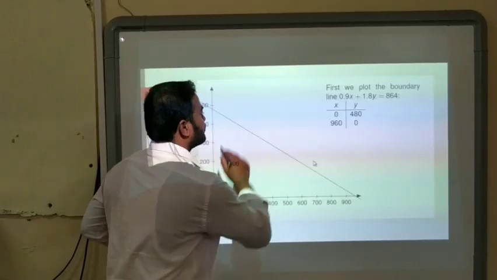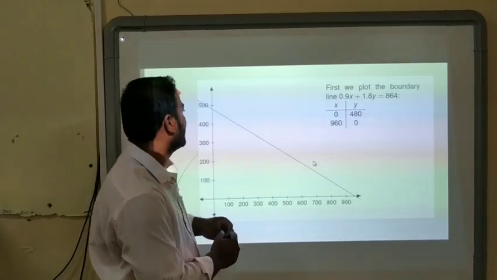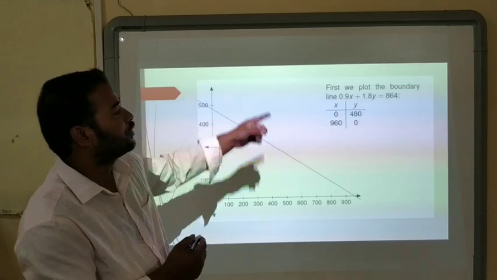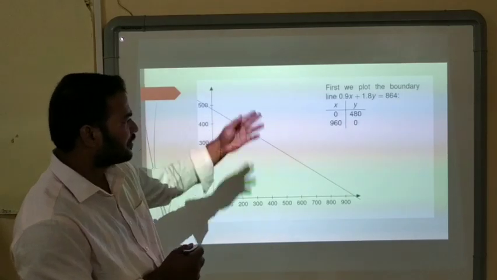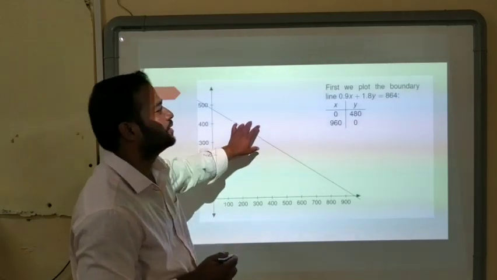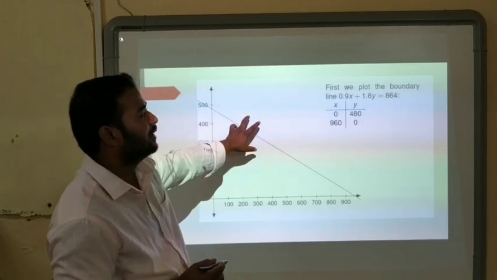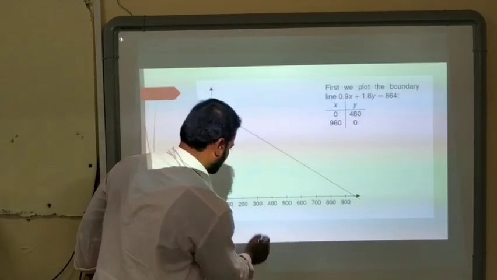As we said at first, we apply the boundary equation 0.9x plus 1.8y is equal to 864.